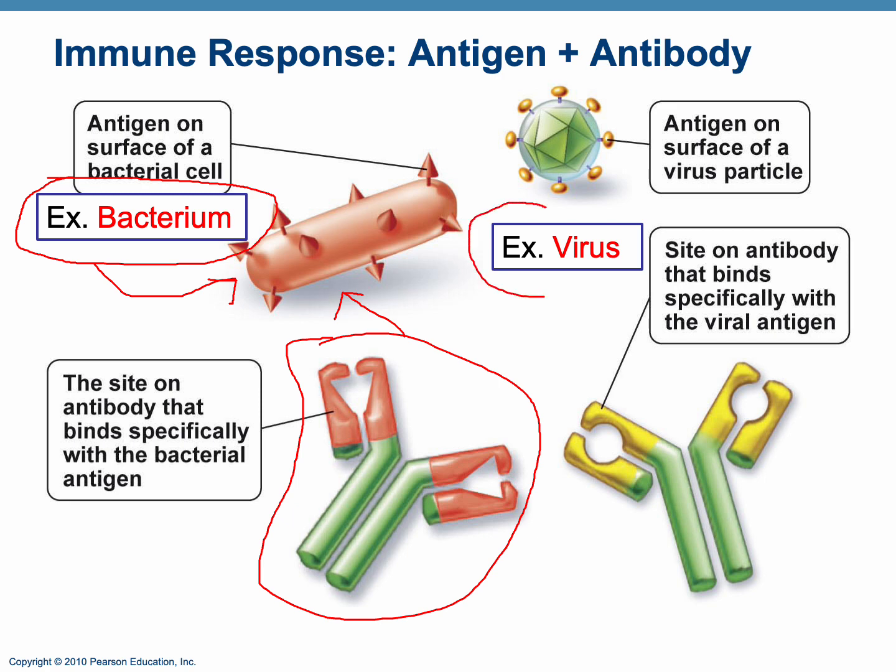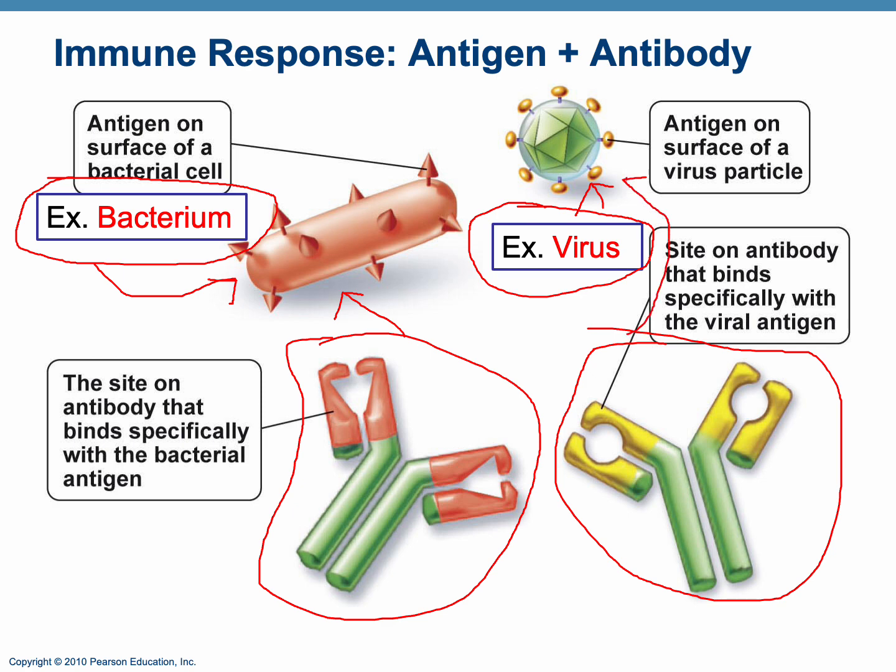Just like over here, for example, a virus. This particular antibody is designed to only interact with this virus to tag it for destruction. So we have our antigen, like the bacterium or the virus. That would be your antigen.